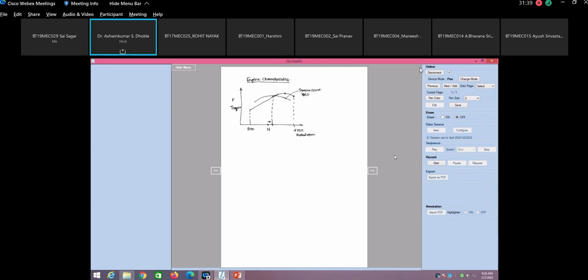Slightly ahead of mid RPM, the torque curve gets its peak value, which we term as the max torque point.